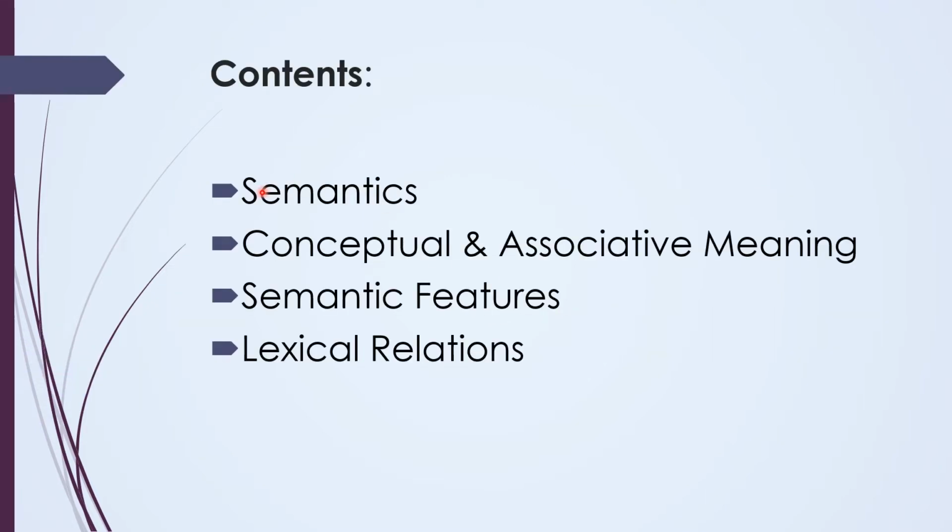So here are our contents for this particular lecture. First, we will try to identify what semantics is and where we can find it, and then we'll explore conceptual and associative meaning, and then we'll look closely at the semantic features, and the slides will be completed with lexical relations.